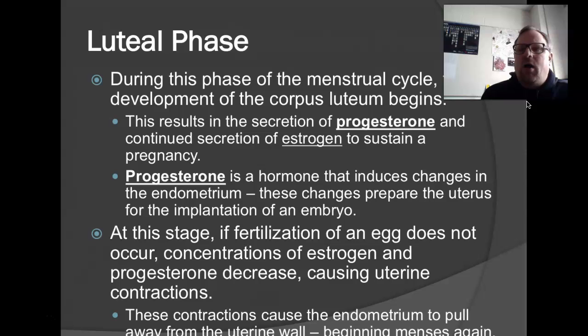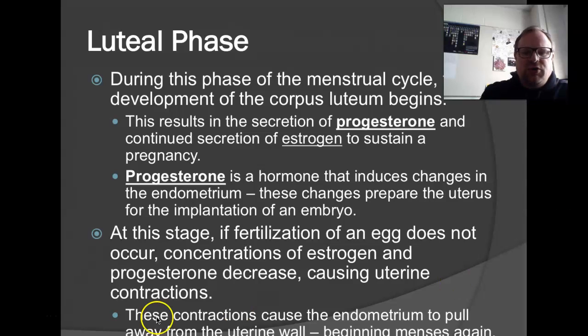And that causes, right near the end, uterine contractions. And that's the cramps that are felt at the beginning of flow phase as the endometrium is being forced to disconnect from the inner wall of the uterus. So it's being forced to disconnect, and then that endometrium is shed during flow phase.